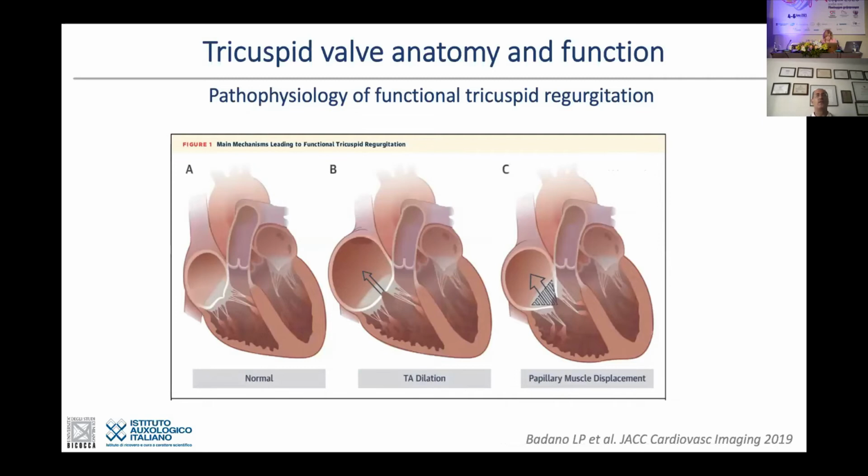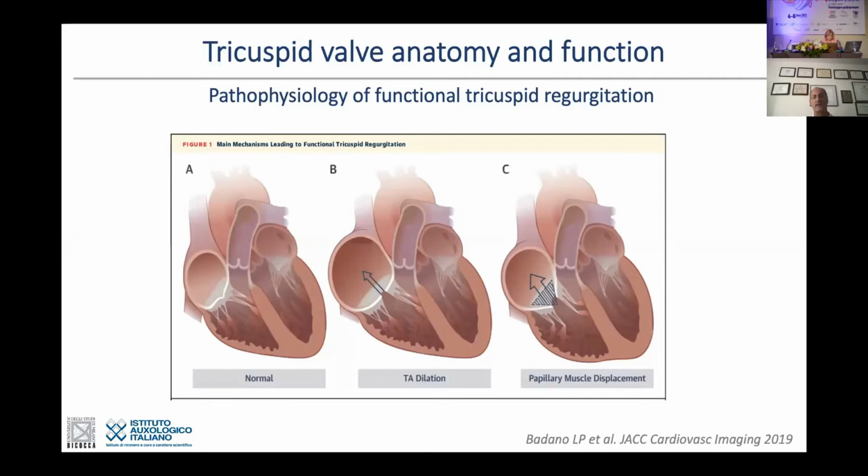The ability to quantitate the annulus and the extent of the tethering of the leaflet allowed us to clarify a little better the fact that there is not a single functional tricuspid regurgitation, but there are many depending on the main mechanism.